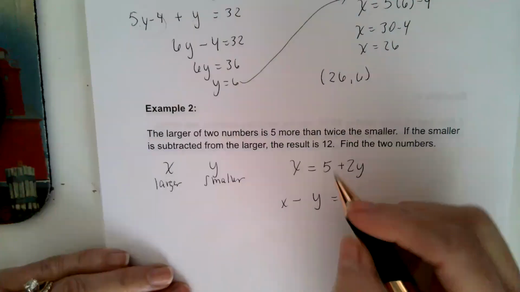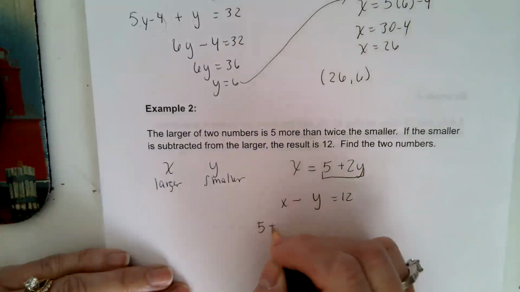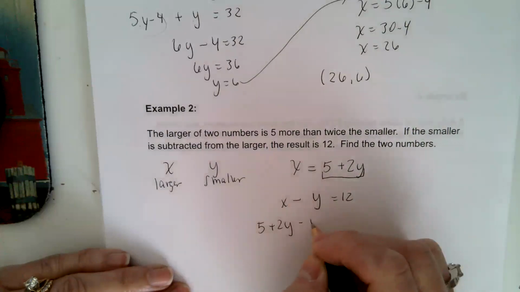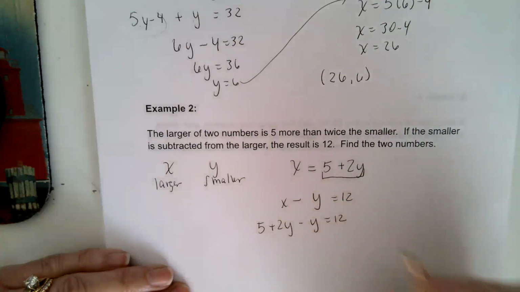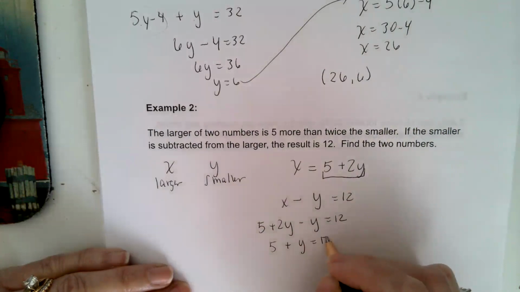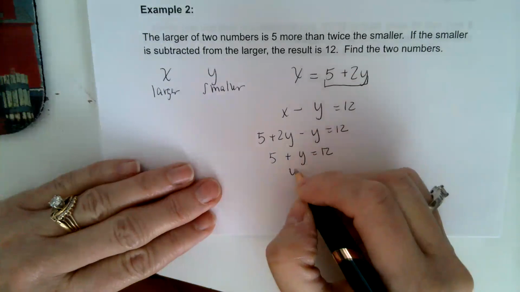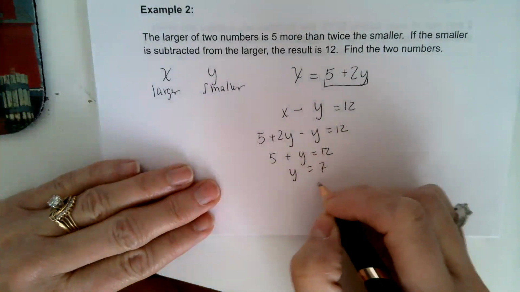Okay, I'm going to substitute 5 plus 2y in for X. So 5 plus 2y minus y equals 12. 5 plus y equals 12. And subtracting 5, I get y equals 7.